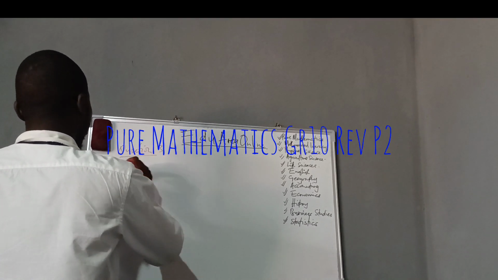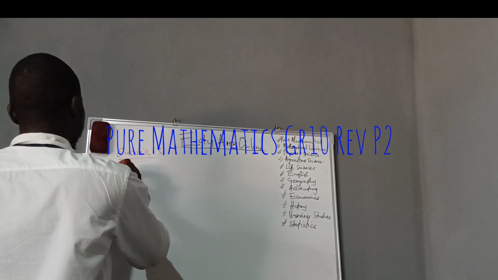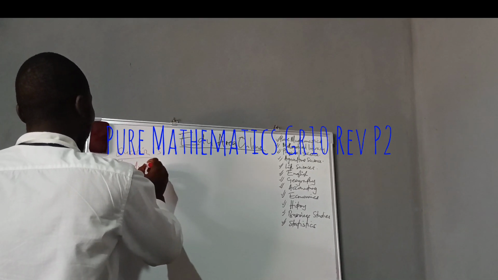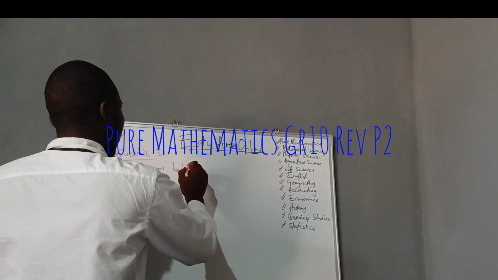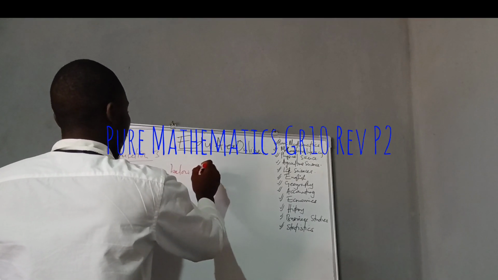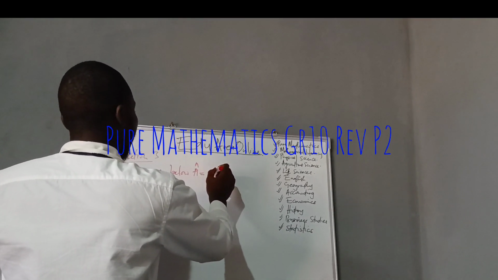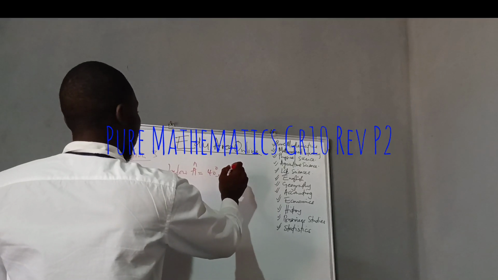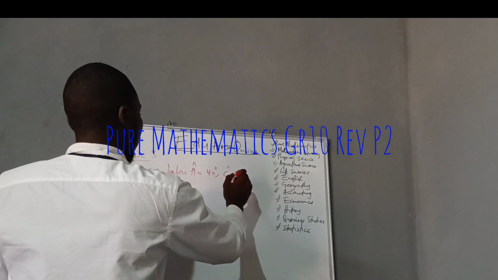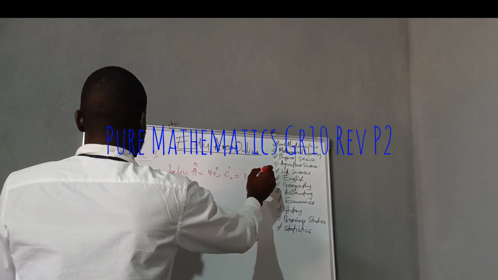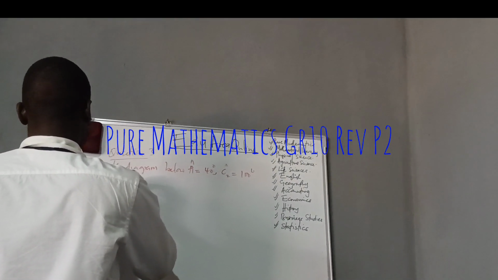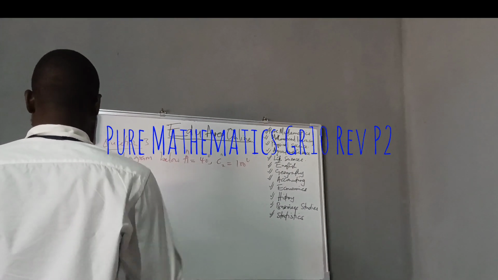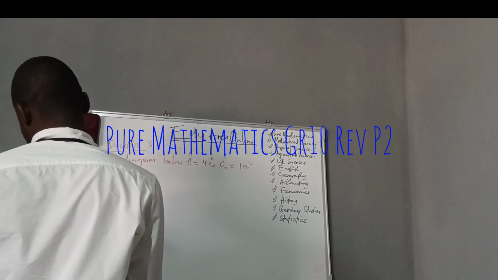It was saying in the diagram, 3.1, in the diagram below, A is equal to 40 degrees, C cap 2 is equal to 100 degrees, and BC is equal to CD. So BC is equal to CD.